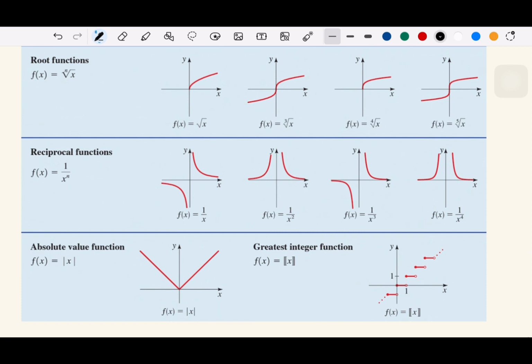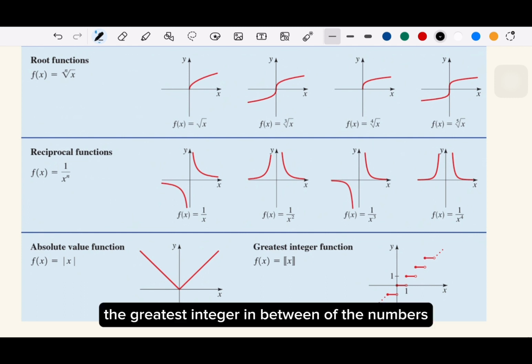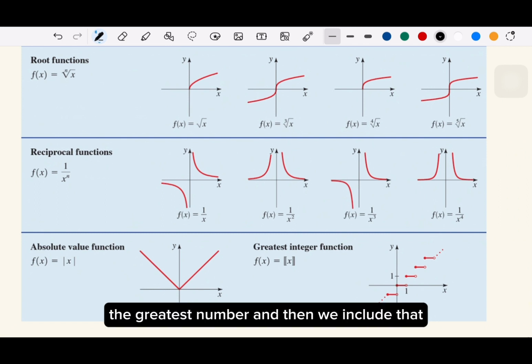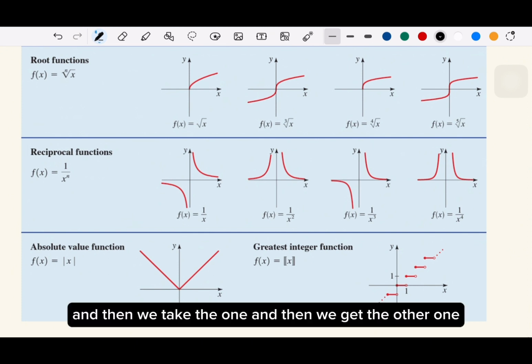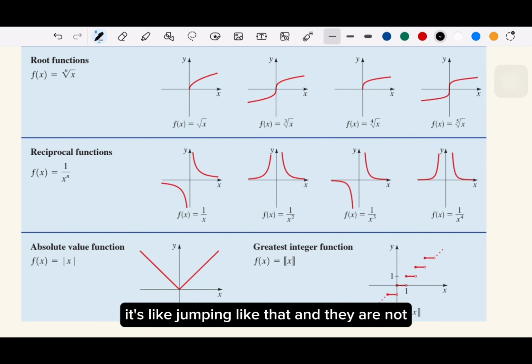So it says that the integer, you know the integers, right? 0, 1, and so on. Every greatest integer in between the numbers, for example 0 and 1, we take the greatest number and include that, and then we take the 1, and then we get the next one, and then we get 2, 3. So it's like jumping like that, and they are not connected with each other.